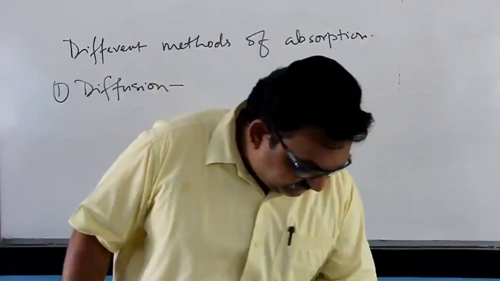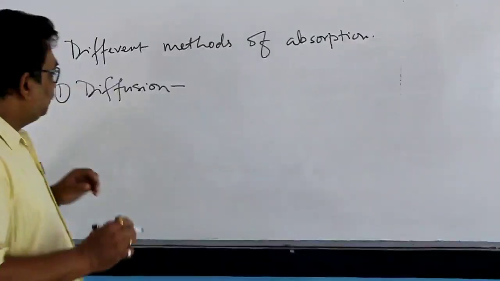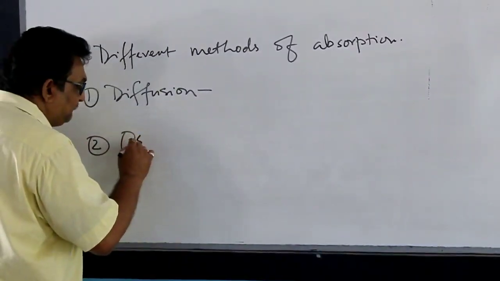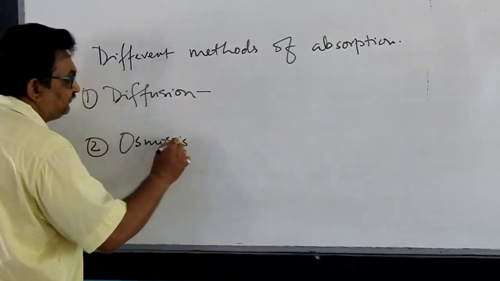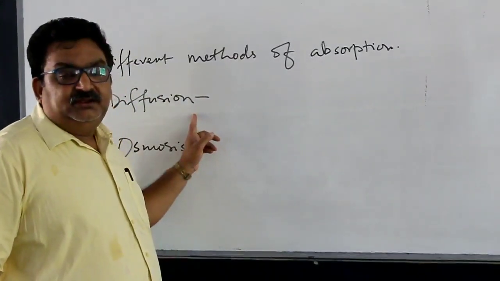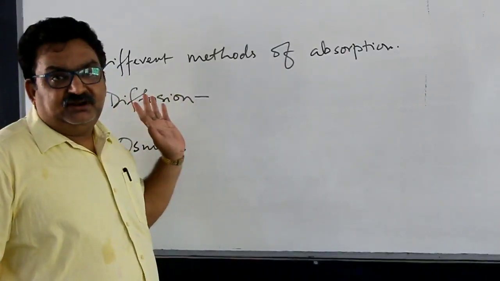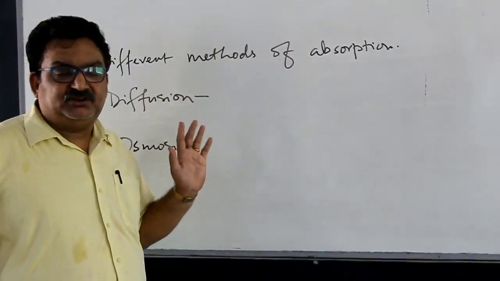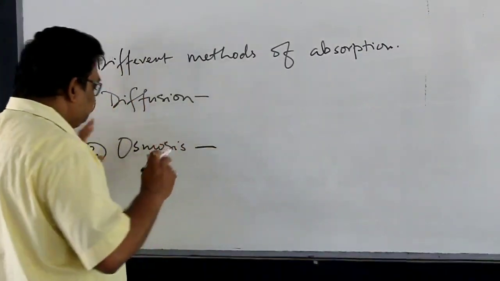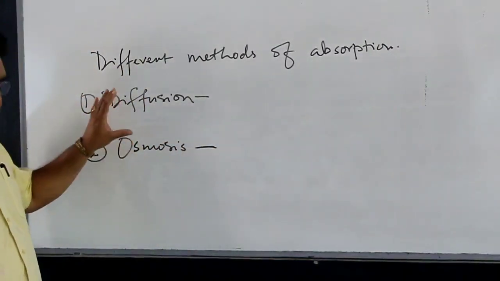Now the second that you have is osmosis. One more thing here. Here you don't require any semi-permeable membrane. No semi-permeable membrane is required. But osmosis, not diffusion, osmosis, is almost the same.